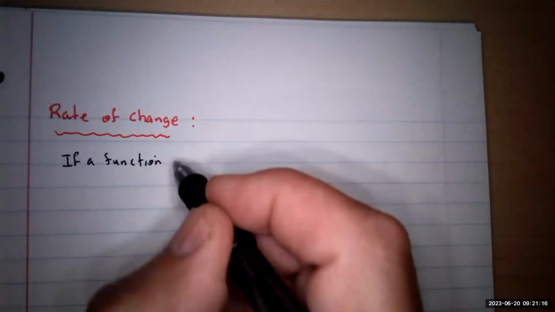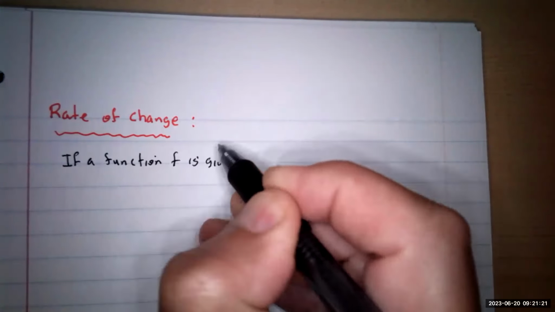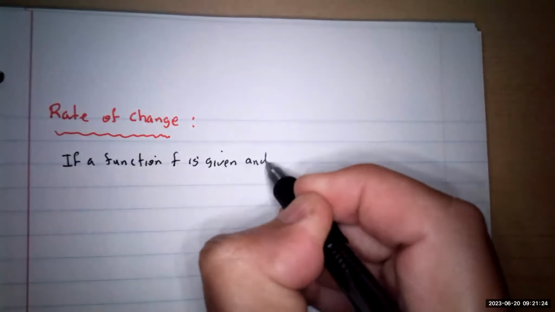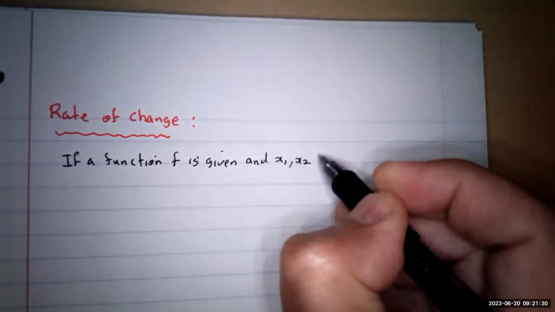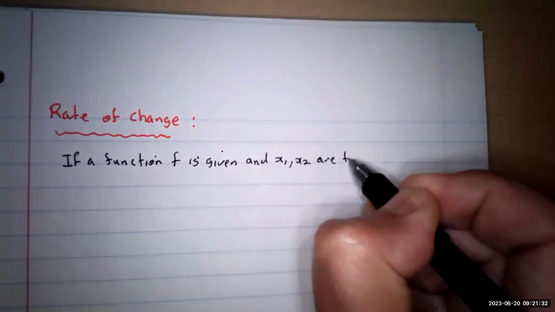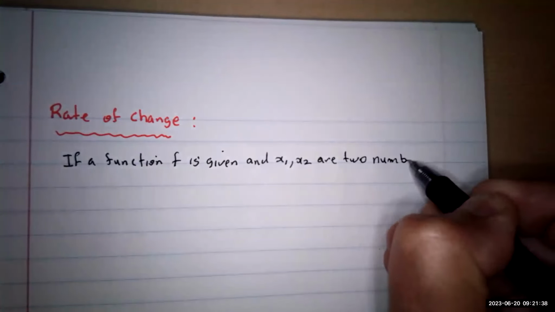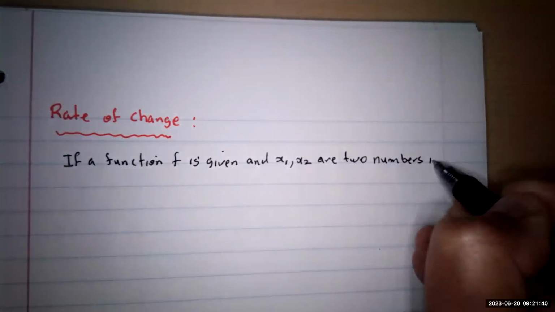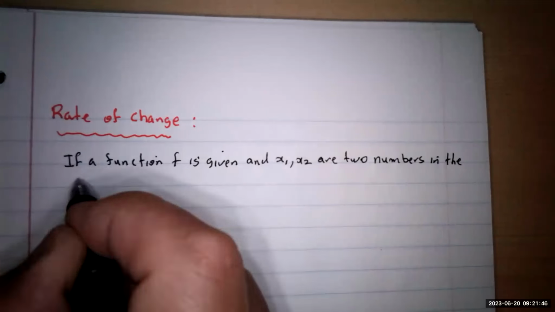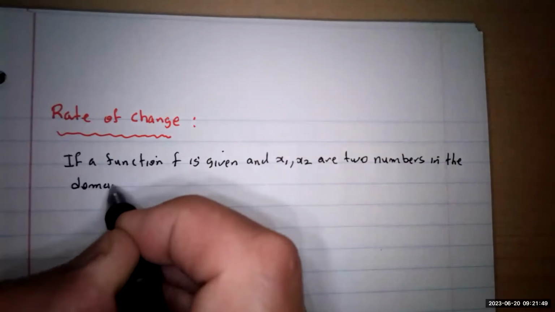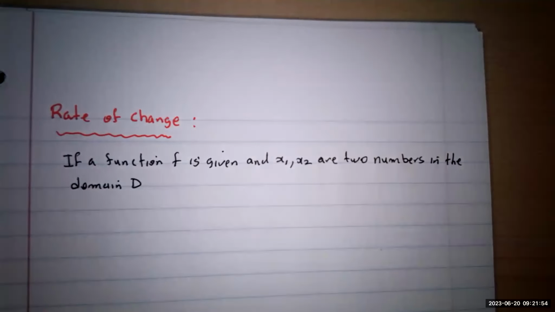So if a function f is given, and if we have two numbers, 2 points, x1 and x2 are going to be our two numbers in the domain D of the function.